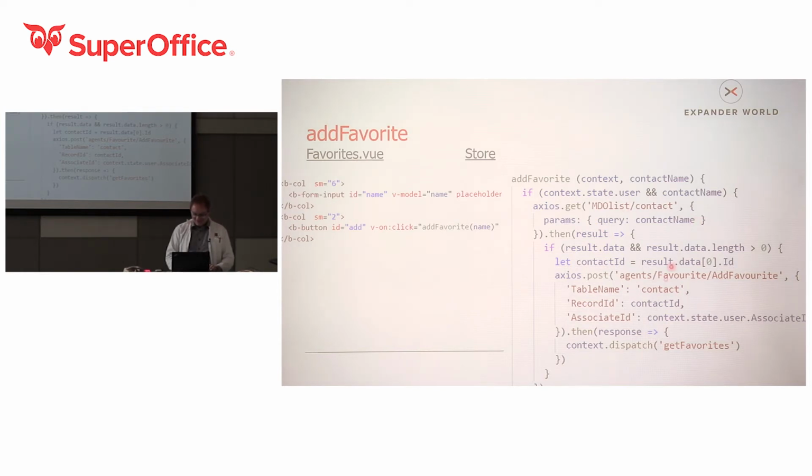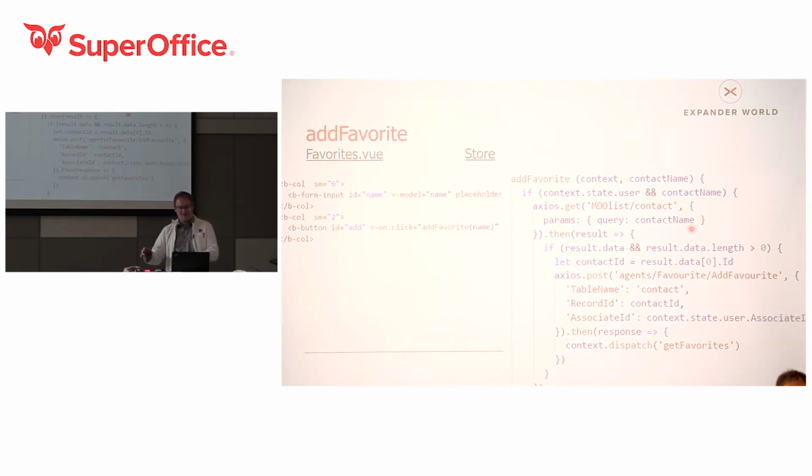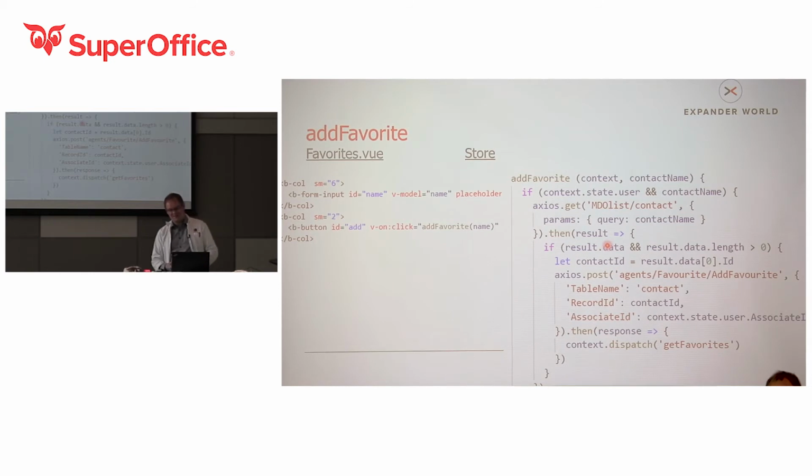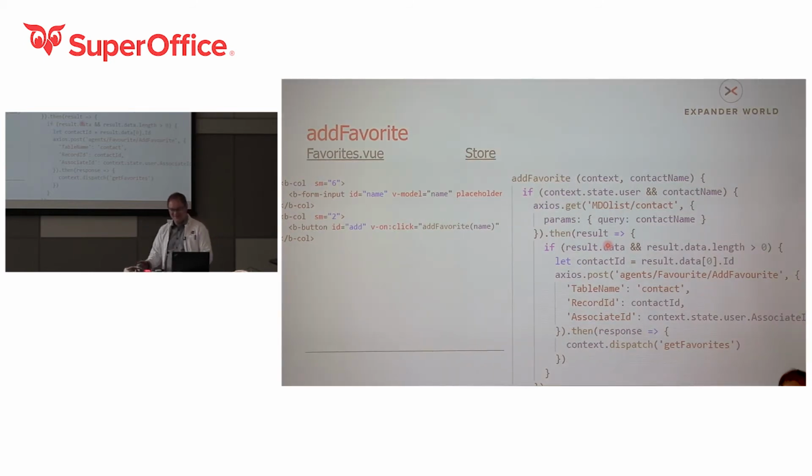So what I do is a little search on contact. Use MDO list /contact with a parameter query equal to whatever you typed into the name field. And then once that comes back, if it comes back with one or more matches, we just take the first one. So we get the contact ID for the first name that matches, and we say, okay, add that as your favorite.